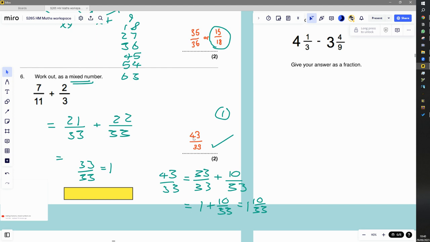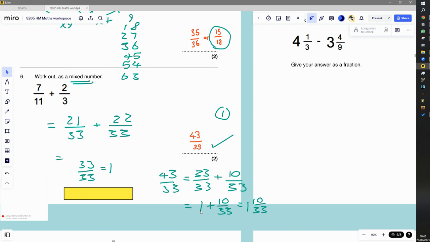So how do we write it as a mixed number? Well, we take the 43 over 33 and chunk it into 2 bits. We take the 33 over 33, which we now know is obviously 1. And how many more bits do we have left over? Well, 43 minus 33 is 10. So we have 10 bits left over, 10 33rds.